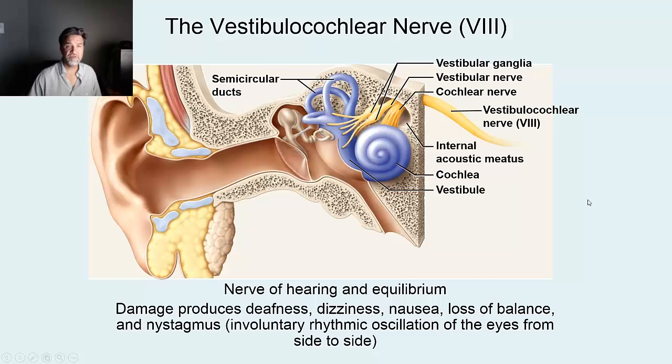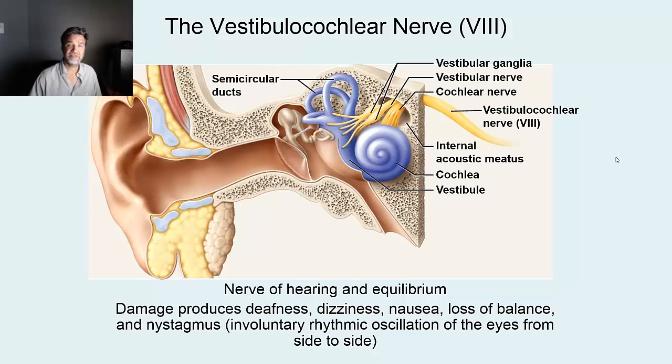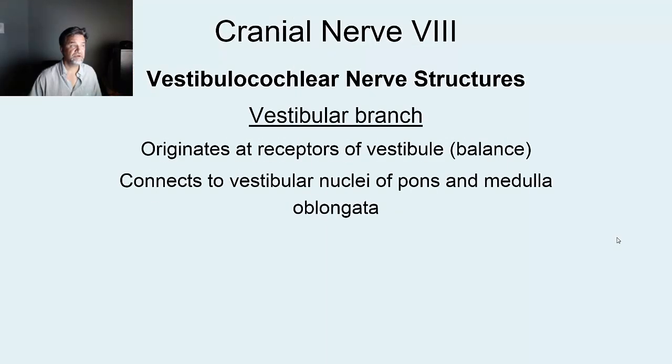Nearly all of it is devoted to sensory intake. So we'll consider it a sensory nerve only. So if you have damage here, you're going to have deafness, dizziness, loss of balance, some issues with cranial nerve 8 disturbances.